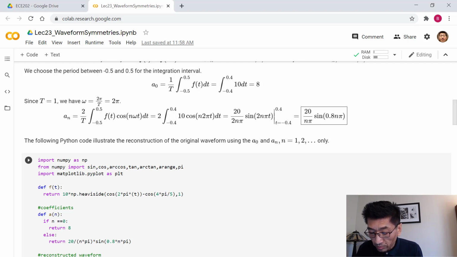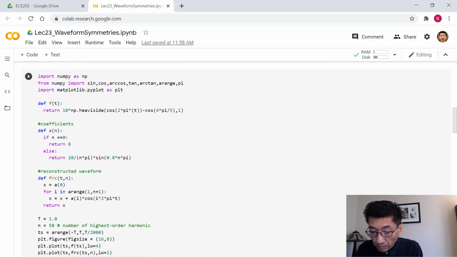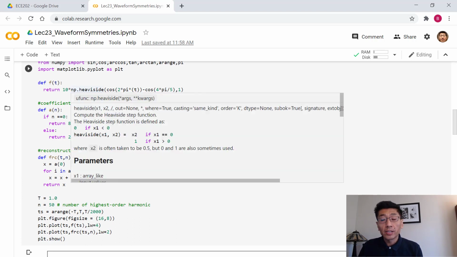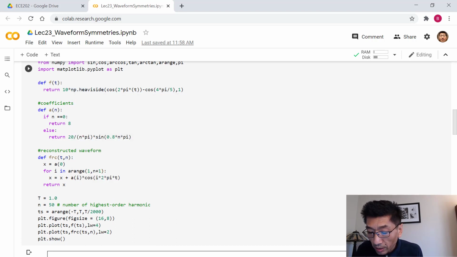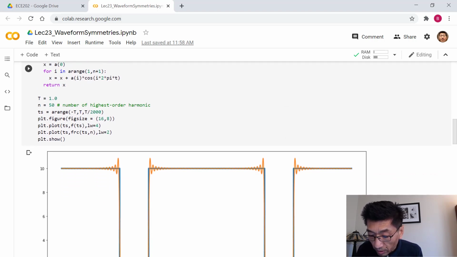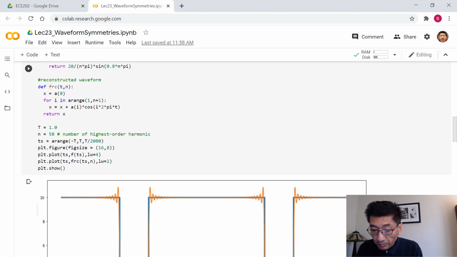So this is the original waveform, and I'm using the step function and also the cosine function to create the original pulse function, and that's the curve in blue. That's the original function that you can see goes from negative 0.5 to 0.5. And here I have exactly negative 0.4 to 0.4 for a magnitude of 10.